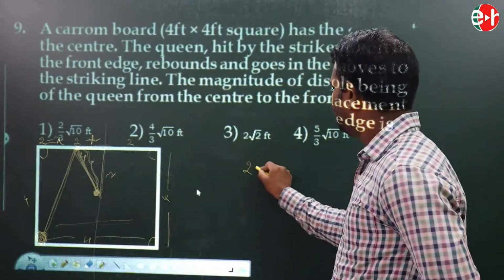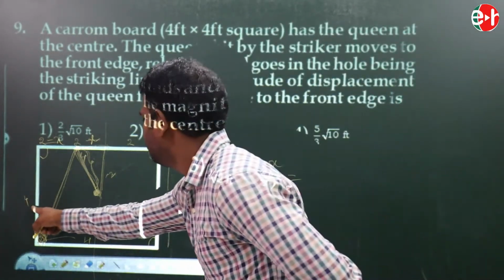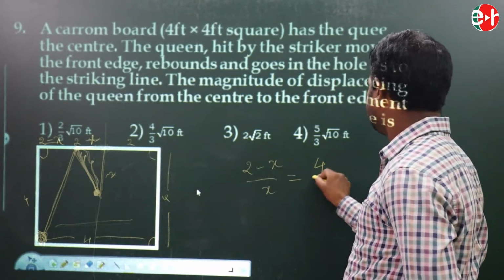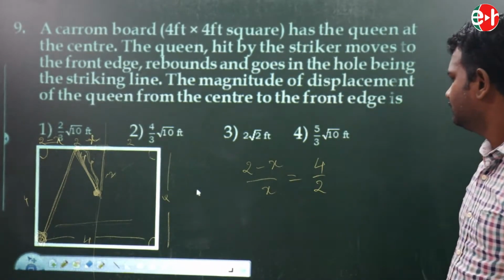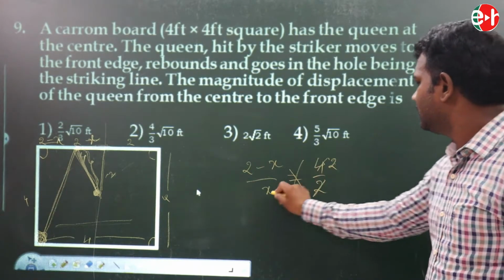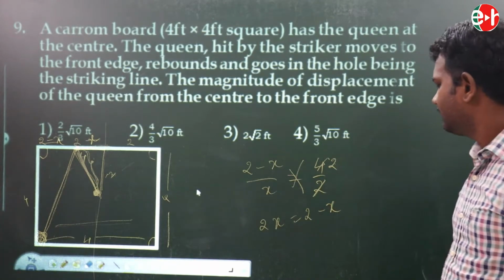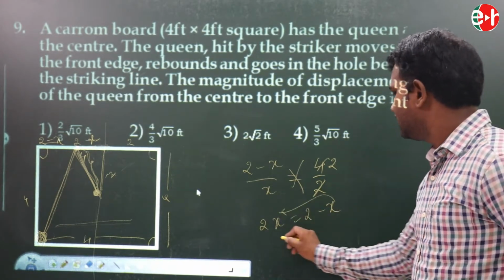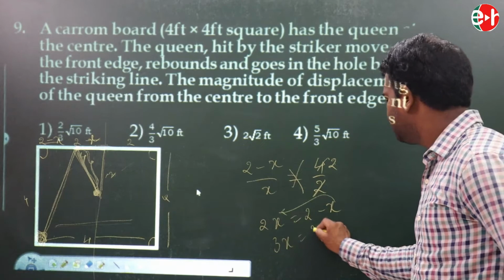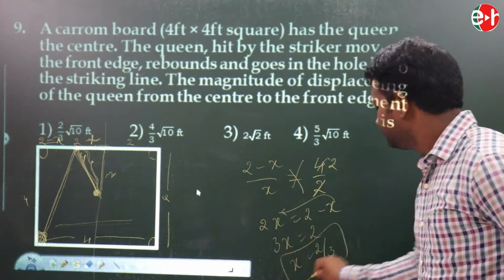Means 2 minus x by x is equal to, what is this? 4 by 2. This is 2 times. Now upon cross multiplication, we get 2x is equal to 2 minus x. If I bring this x in this direction, this is 3x is equal to 2. So x equals how much? 2 by 3. Got it?